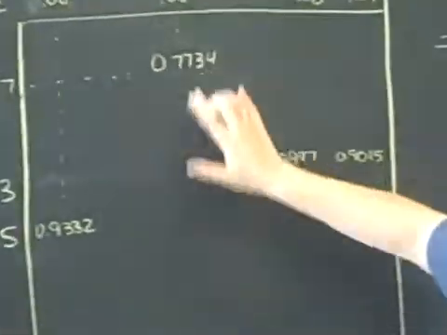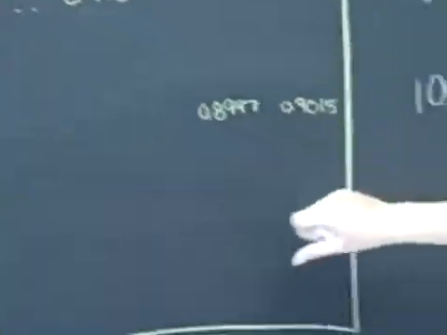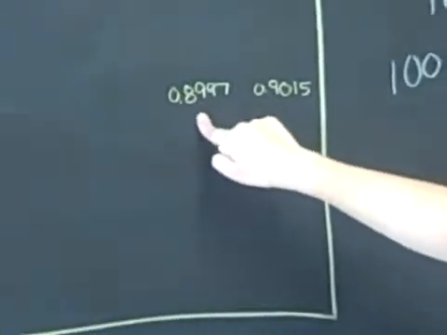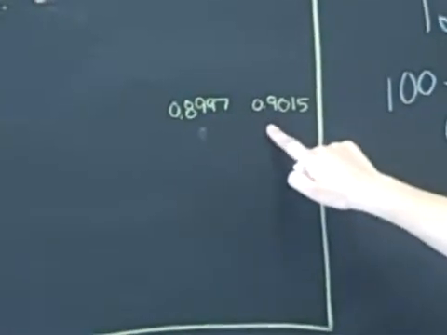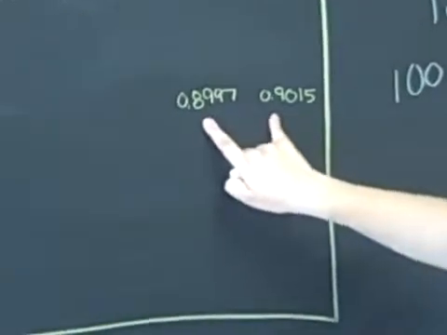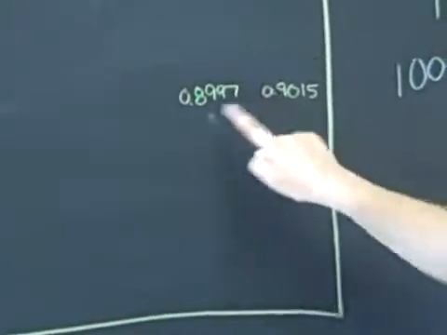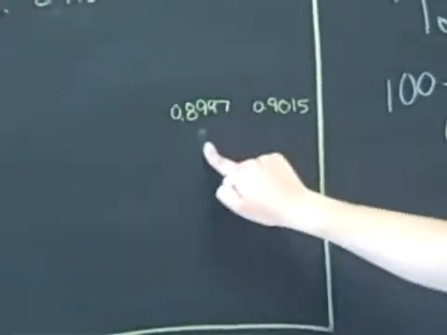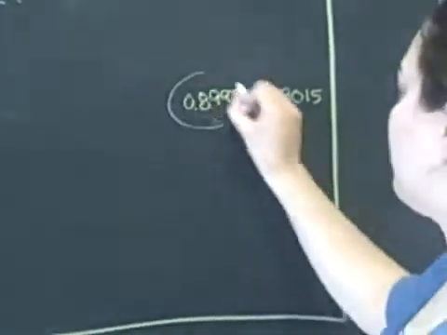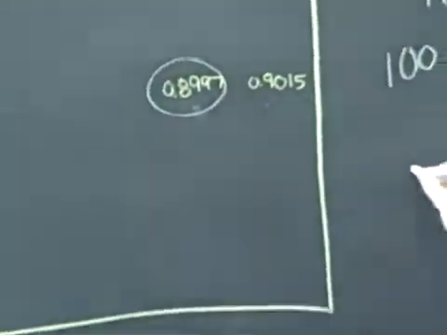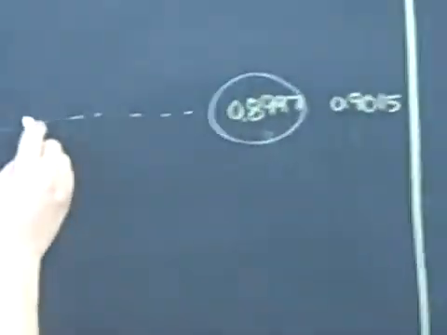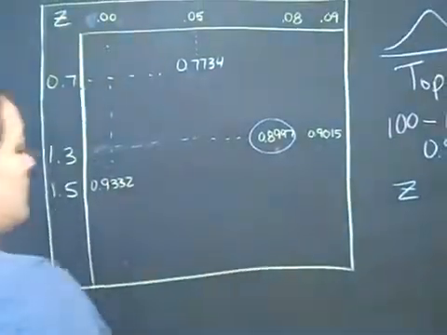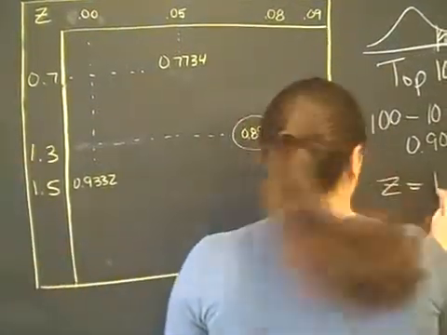So if we're looking in our chart, we find that 0.8997 and 0.9015 are the two closest numbers. Which one of these ones is closer to 0.9? Well, this one. So, we know if we follow this along the chart here, that the z-score is 1.38.